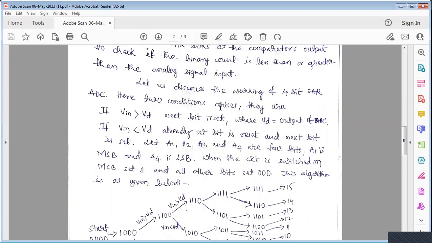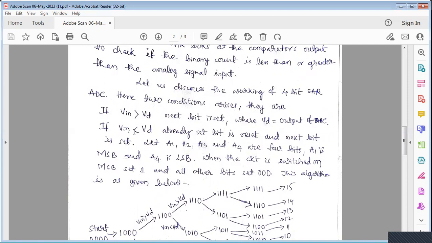What are these two conditions? If Vin is greater than Vd, where Vin is the input voltage and Vd is the DAC voltage, or the voltage from the ladder, then the next bit is set.